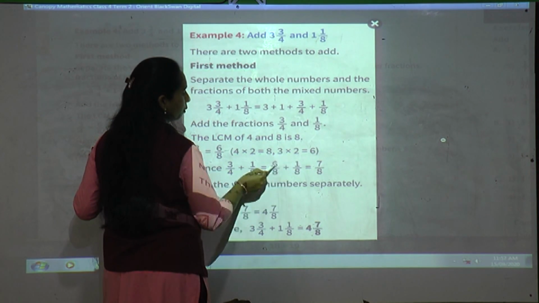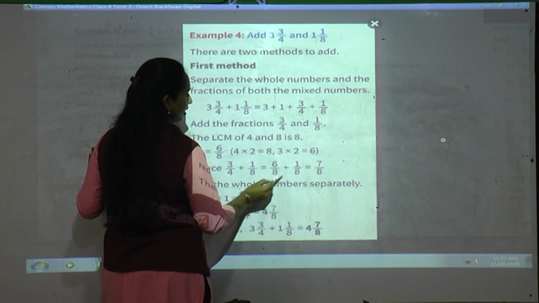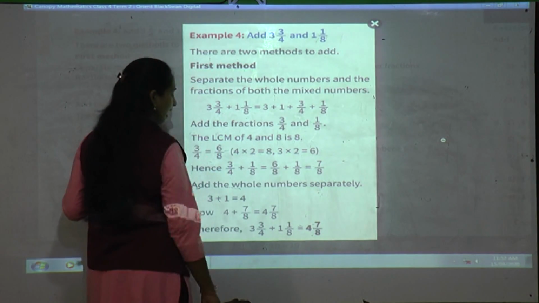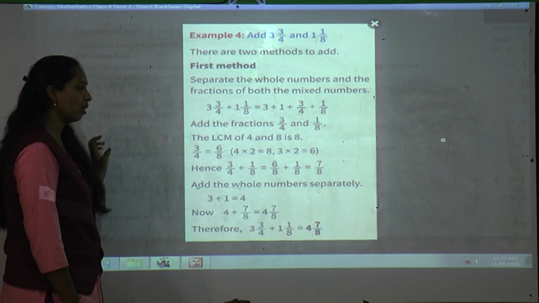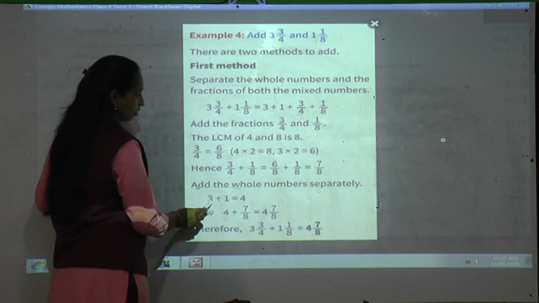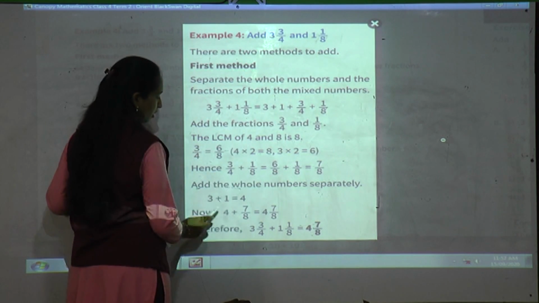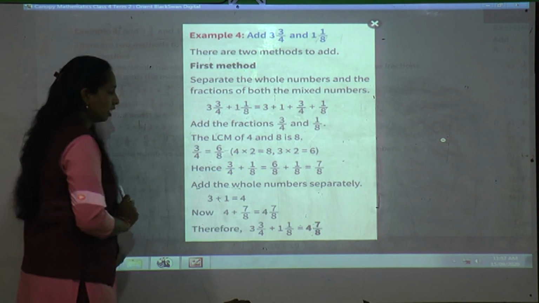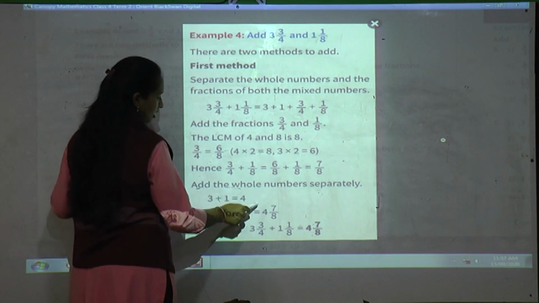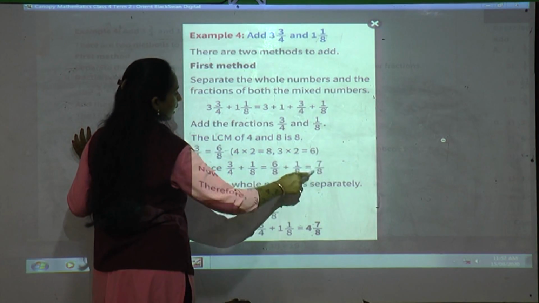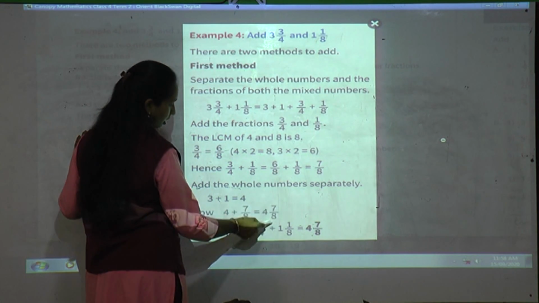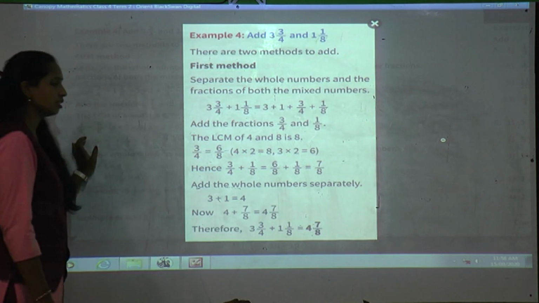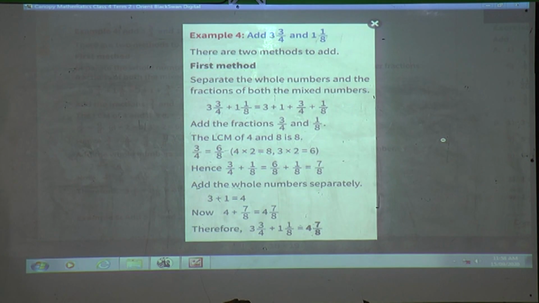So add the numerators together. 6 plus 1 is 7 and the denominator 8 as it is. Now the next step is we have to add the whole numbers separately. Now 3 plus 1 whole numbers together is 4. Now what did we get? 4 7 upon 8. The fraction addition and whole number addition together give 4 7 upon 8. So in this way you can solve mixed fraction addition. This is the first method.